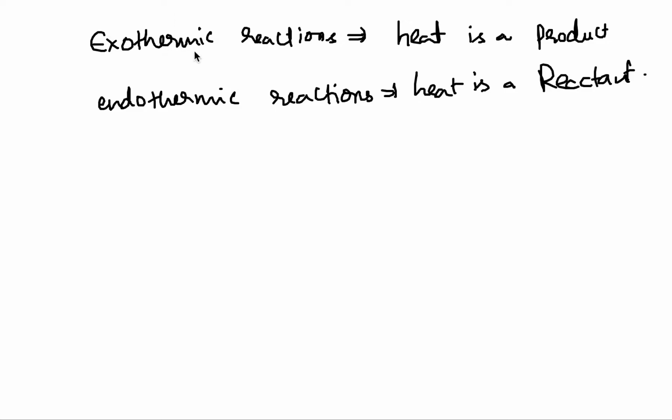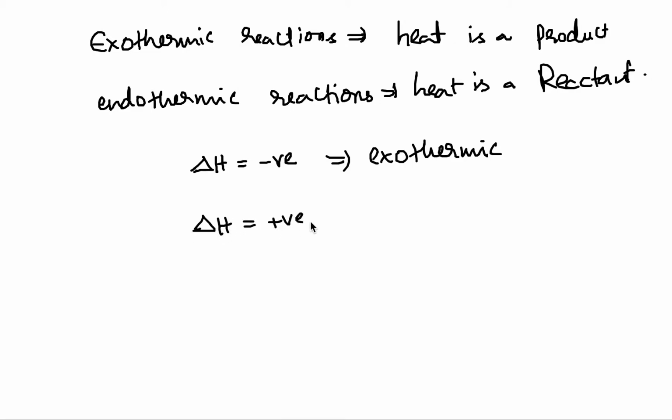So exothermic reactions are represented with their enthalpy change delta H as negative, and for endothermic reactions delta H is positive. So here in endothermic reactions, the enthalpy of the products is greater than the enthalpy of the reactants, and in exothermic reactions, the enthalpy of the products is smaller than the enthalpy of the reactants.